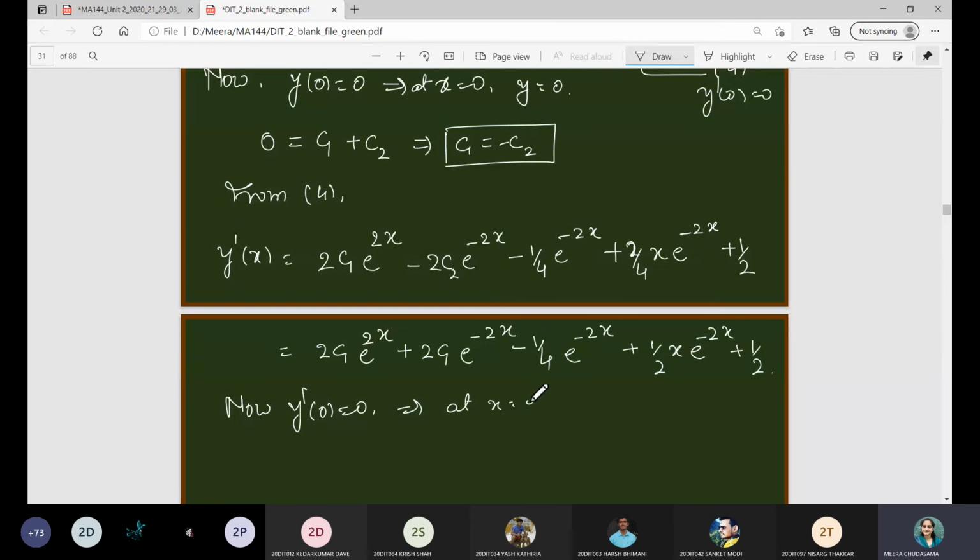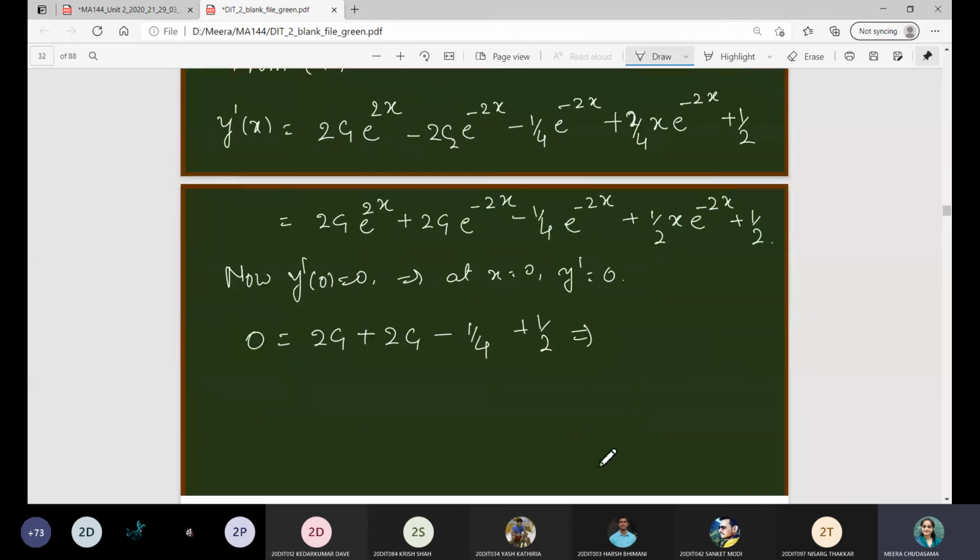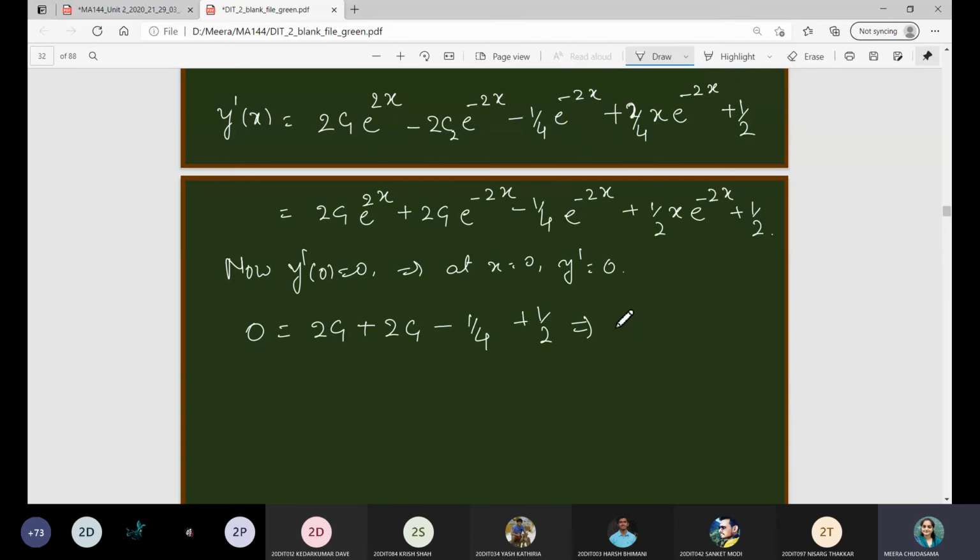At x is equal to 0, y dash is also 0. So left hand side is 0. So it is 2c1 into e raised to 0 is 1 plus 2c1, that is 4c1, right? Minus 1 upon 4 into e raised to 0, 1 plus 0 plus 1 by 2. So simplify this, you will get the final answer of C1. What is C1? Minus 1 by 16.